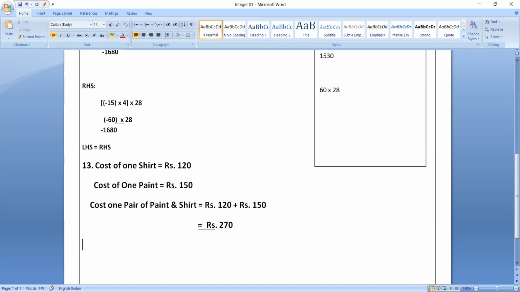So my dear students, the cost of one pair of pant and shirt is 270 rupees.